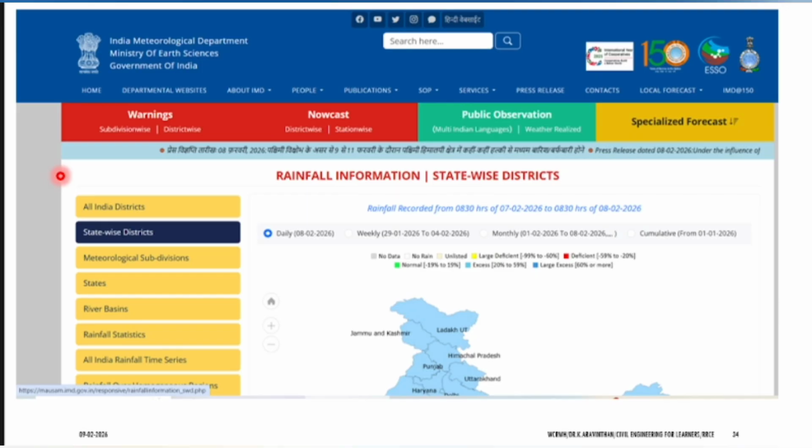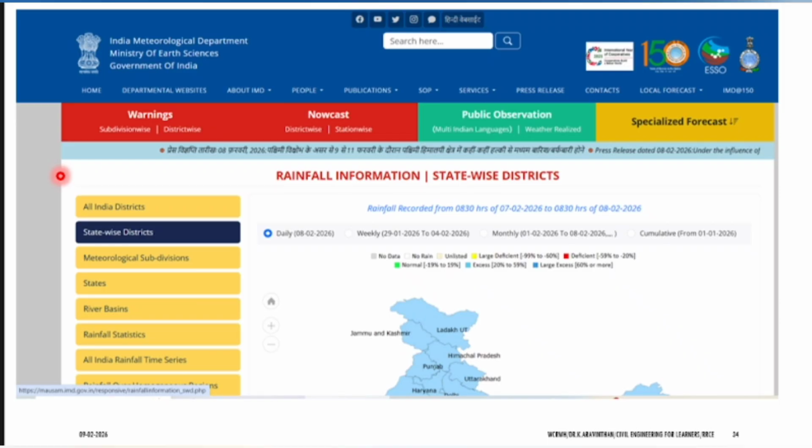You have a website run by the Indian Meteorological Department. Today you can see whether there is rainfall in Bangalore. You can know that in Kumbhalgarh we don't have rainfall. Do we have rainfall today in Meghalaya? You can check here. If you are going on any trip to any place in India and want to know whether rainfall is there or not, you go to this website.